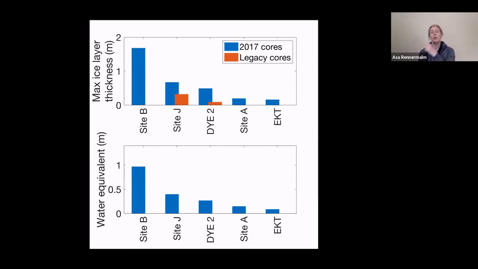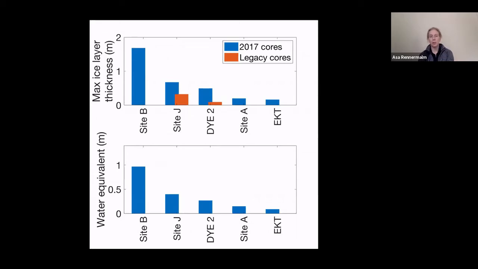All right, so what I did now is compare this with the reanalysis model simulations of how much meltwater infiltrates into the firn column and refreezes. I started with the most extreme situation, using the maximum refreezing observed in the 31 years before the cores were collected.